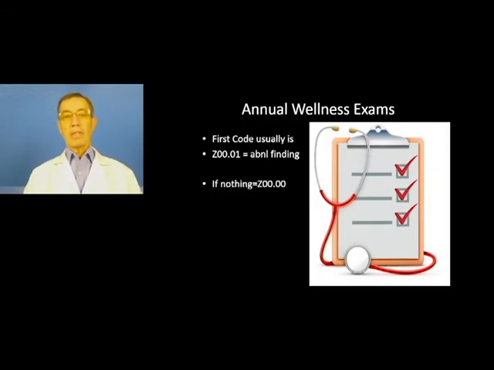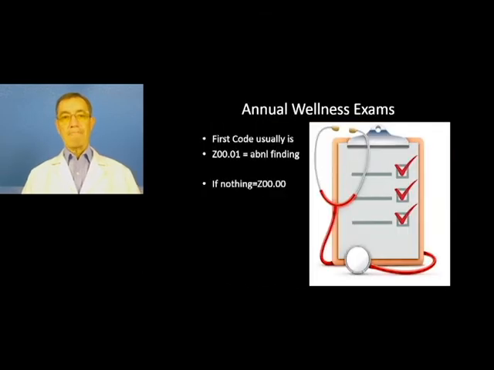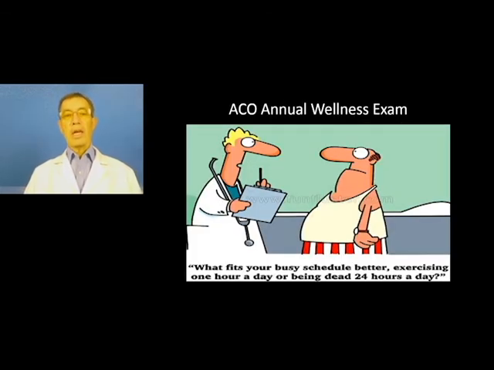For annual wellness exams, we'll use Z codes, and the first code, if there's an abnormal finding, it would be a Z00.01. If the patient is perfectly healthy, then it's a Z00.00. Most of the time, it's the 01. And then on the annual wellness visits through Medicare, these are special codes that must be done, and usually these are G codes.